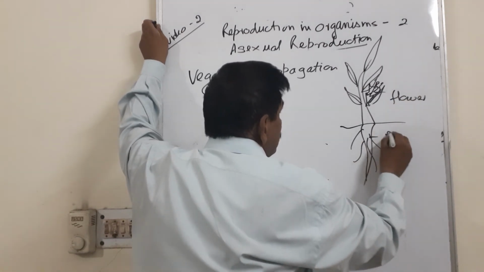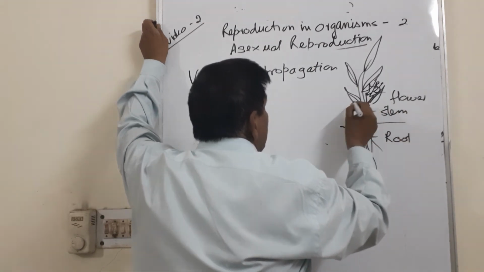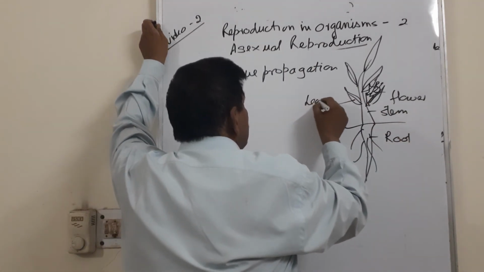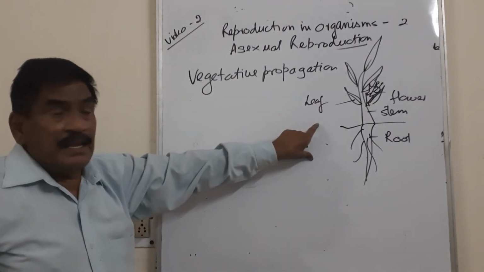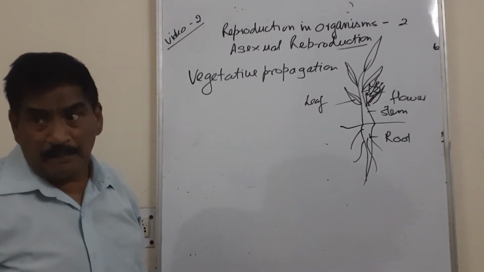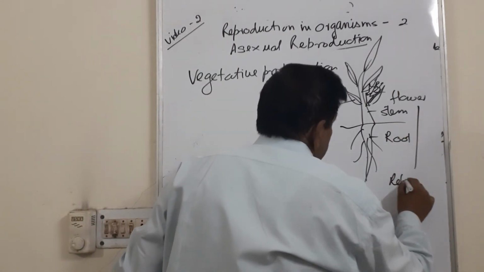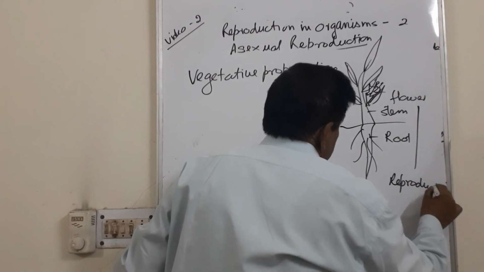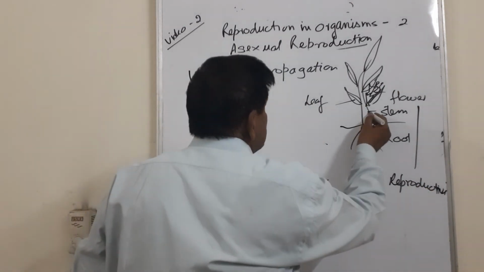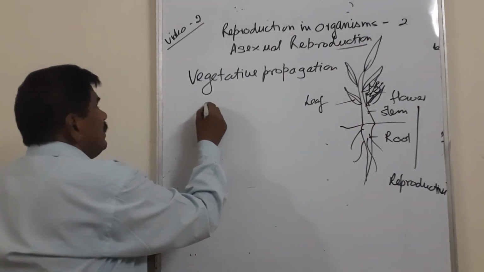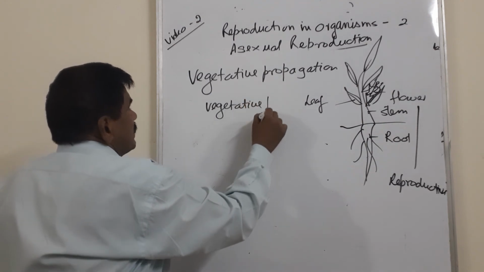Now it is root, you know well. It is stem, you know well. It is leaf. Now you see in this plant, the flower is the reproductive part. Otherwise, root, stem or leaf, they are what? Vegetative parts.